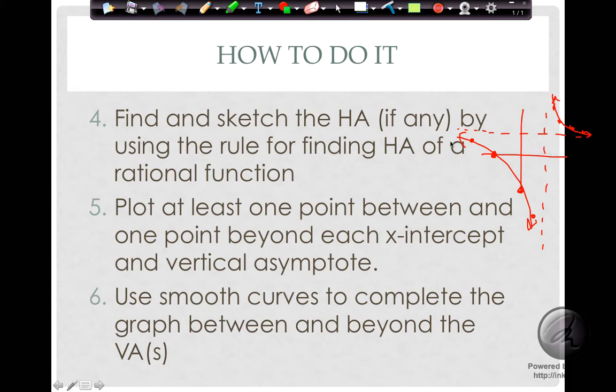Once you have dots that show you the direction of your curve, you use a smooth curve to complete the graph. So like I just did, I found some dots that went on my graph, and I connected those dots with a smooth curve. And I didn't mention this in number 5 here. Finding more dots just means plugging in x values.